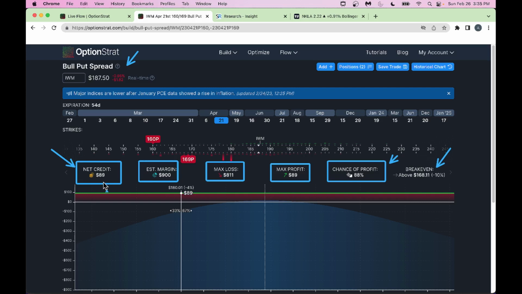I do this all day long for these ETFs like IWM. Most of the time, unless there is a huge downturn, typically stock will not go drastically down. If ETFs like IWM go from 187 to 168, which is about $20 down, then the entire market is kind of crashing, which is a very rare event.